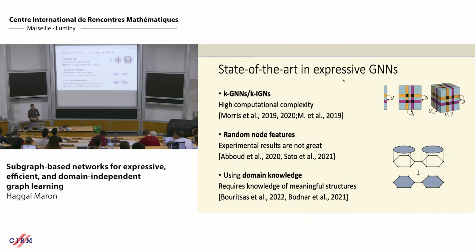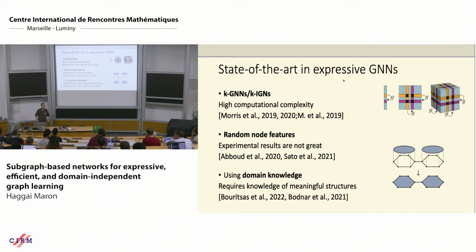The last family of methods is methods that use domain knowledge. So let's say that I want to work on molecules, and I'm an expert in this field. I can find some special structures that are important, like rings, and I can model them in my architecture.